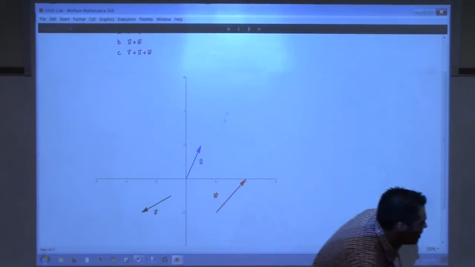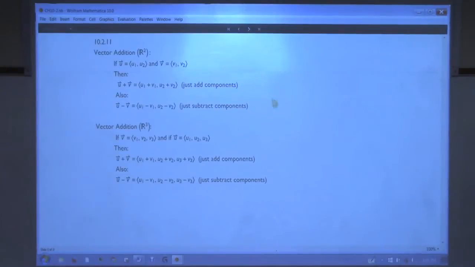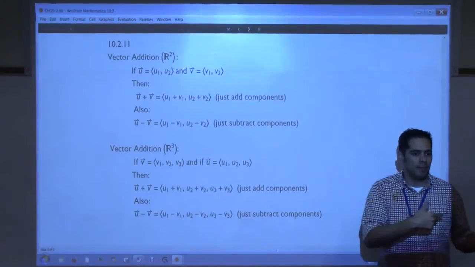All right. The next example, or next note, is how we add vectors mechanically. In other words, if someone gives us the vector visually, we saw how to add them in the previous example.